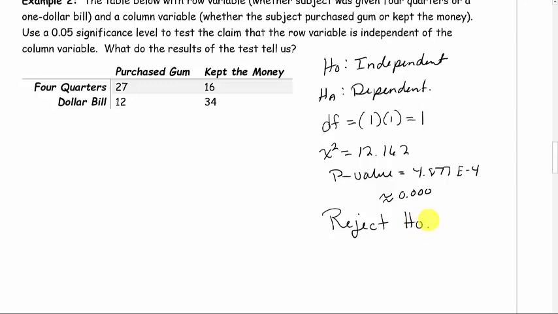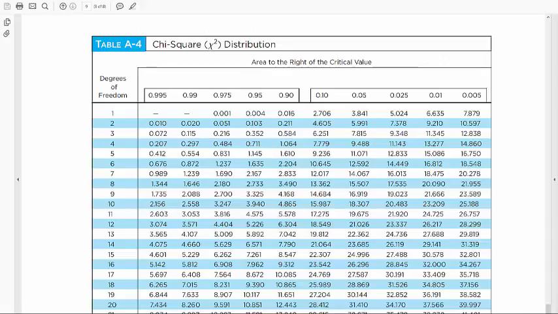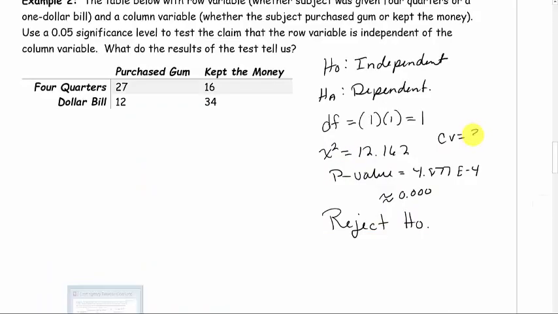If you're doing this by hand or for whatever reason you want your critical value, you can look that up in your table. We have a significance level of 0.05 and we have 1 degree of freedom. So here is the 0.05, and 1 degree of freedom gives us a critical value of 3.841. So make a graph.